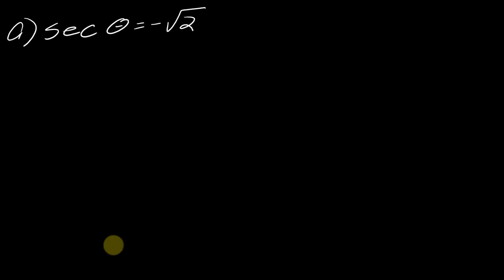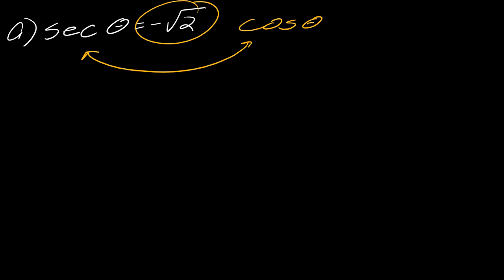Okay, so secant theta equals the negative square root of 2. The first thing that I noticed with this is negative. So the question is then, in what quadrants would this be negative? Secant and cosine kind of go hand in hand, right? They are reciprocal functions of one another.